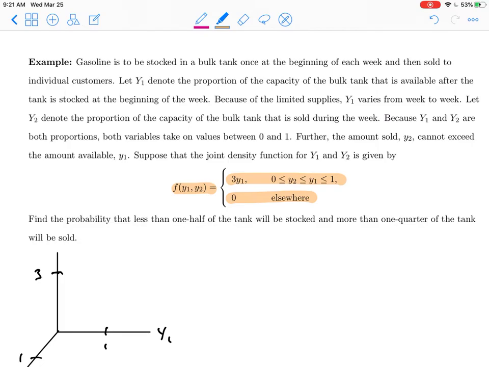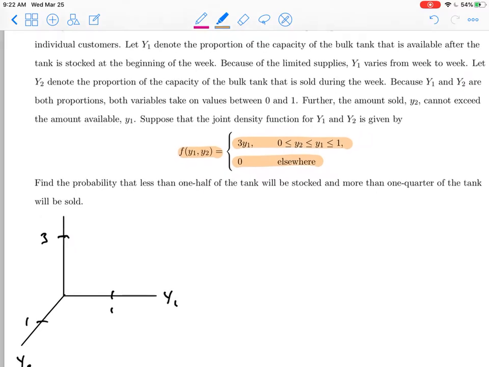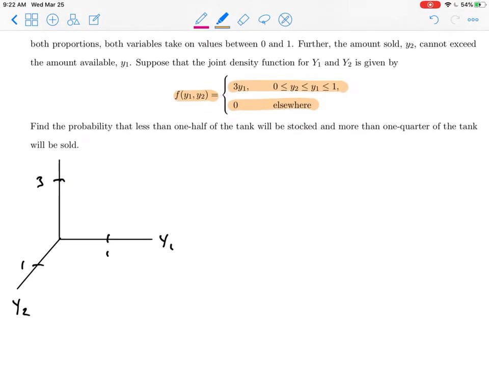So it is 3 times y1 whenever 0 is less than or equal to y2, which has to be less than or equal to y1, and y1 needs to be less than or equal to 1. So both of those will be ultimately between 0 and 1, but y2, more specifically, is really between 0 and y1. All right, so we're going to find the probability that less than 1/2 of the tank will be stocked and more than 1/4 of the tank will be sold.